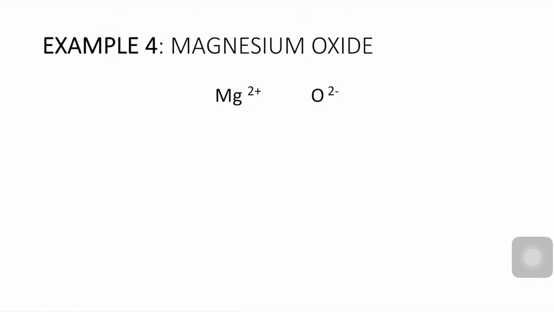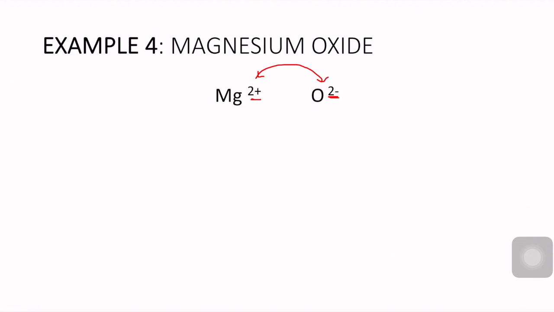Next example. If I'm going too quickly, you may pause the video. The next example is when you have equal charges. For example, you have magnesium oxide, Mg2+, O2-. Because the numbers are equal, the charges can be cancelled out completely.